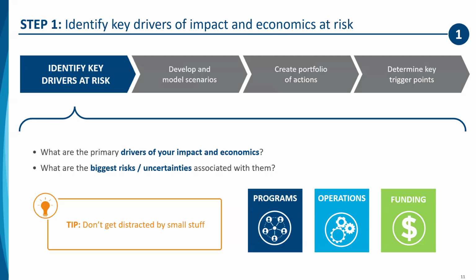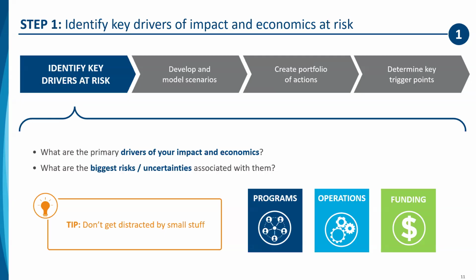Then, from an operational perspective, you'll want to think about the biggest cost drivers within your organization and articulate the ways they may need to shift going forward. You'll also want to consider potential legal or reputational risks that could put in jeopardy your ability to operate. And from a funding perspective, it's important to ground in your biggest sources of revenue. So these might be philanthropic funding, government funding, earned revenue, et cetera.